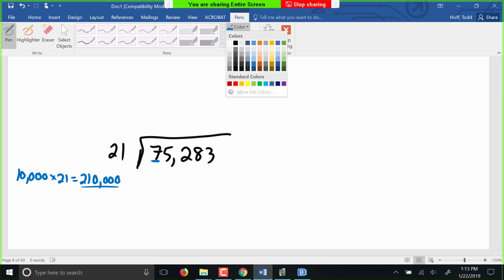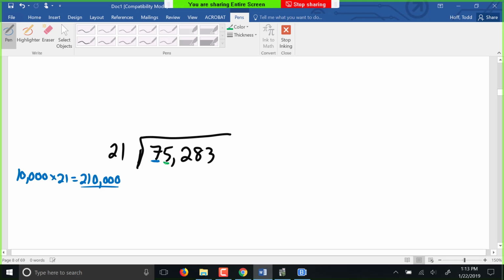No, it's too big. So we move on to the next place value, which is 1,000. 1,000 times 21 is 21,000. Can I subtract that? Yeah, in fact, I can subtract it 3 times. 21,000 times 3 is 63,000.